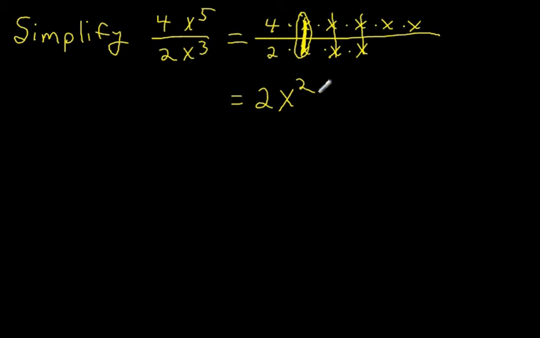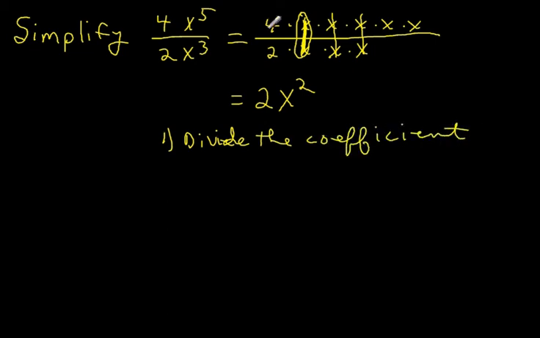What we really want to do, though, is to be able to do this without going through this procedure. So what we're going to do is look for a way to do this. Well, I know that my 2 was simply found by dividing 4 by 2. So when we have a problem like this, we will simply divide the coefficient, or you can think of it as reducing that fraction.